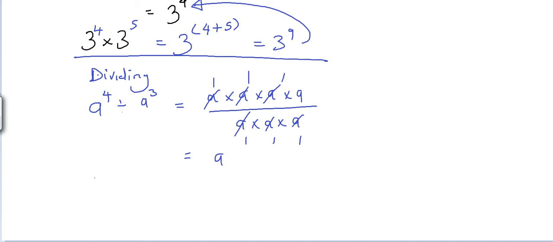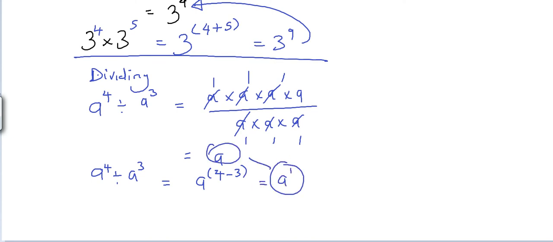Well, you can also see straight away that when you're dividing, if we took away, a to the bracket 4 minus 3, it gives me a to the 1, which is the same as that. So when you're given an expression in index form, if these two letters are the same, and we have a divide sign, we simply take away.